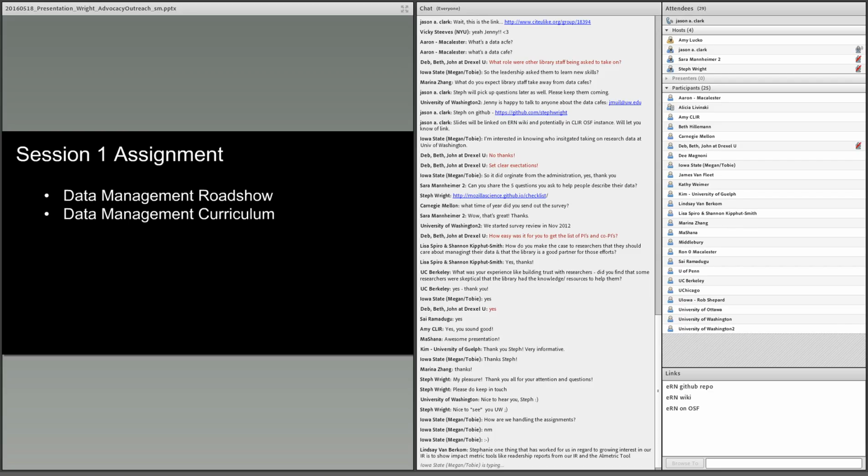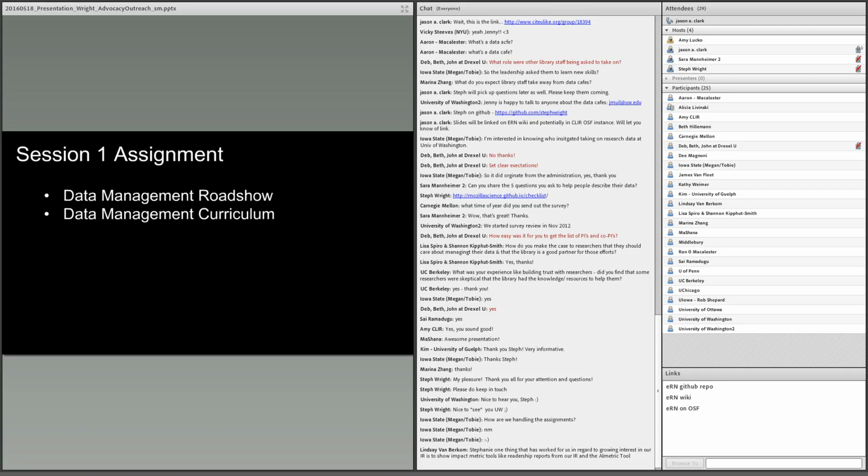For those of us who are further down the line with RDM, we thought another assignment to follow would be a data management curriculum. What we thought here was more of a lesson plan for how you would teach data management to an audience.